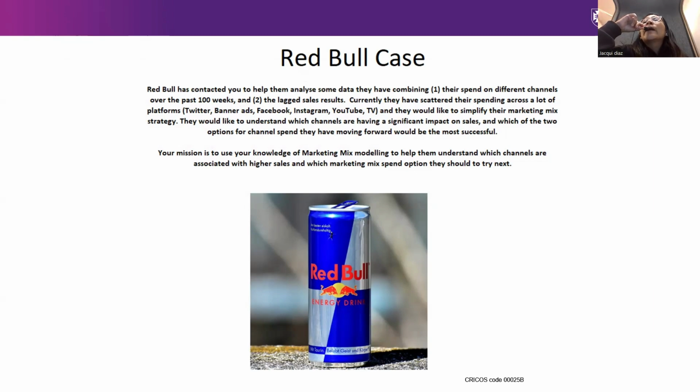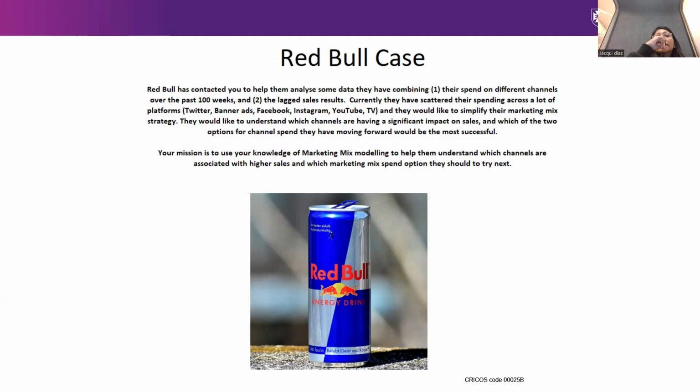So they are actually spending across a lot of platforms: Twitter, Vine, apps, Facebook, Instagram, YouTube, and TV. I think most of us have these social media apps, and they would like to simplify their marketing mix strategy.